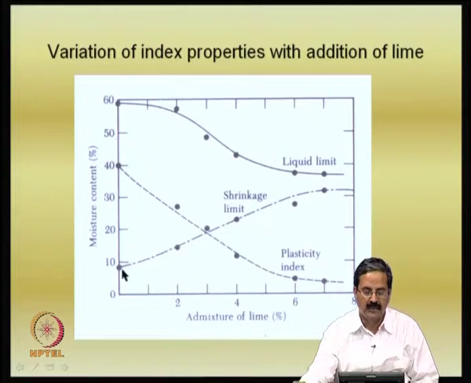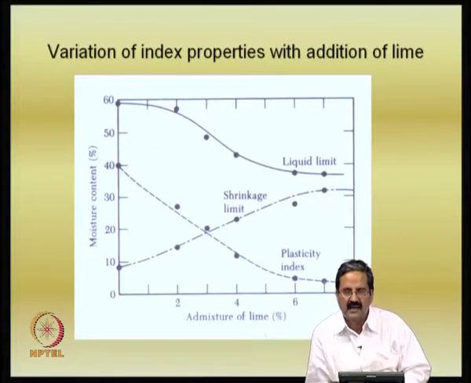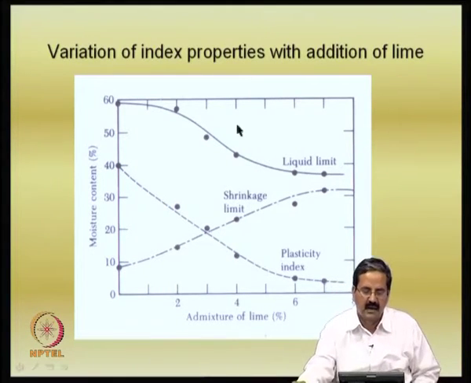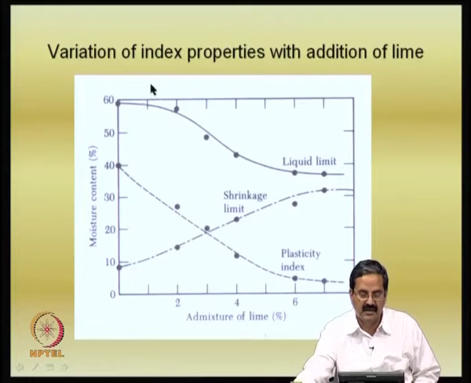But the moment you add lime, the particle arrangement changes and it holds more water, as I just showed in the previous figure, flocculation occurs, and as a result the water content will be higher, though the shrinkage limit is a little higher, and even the plasticity index is lower.